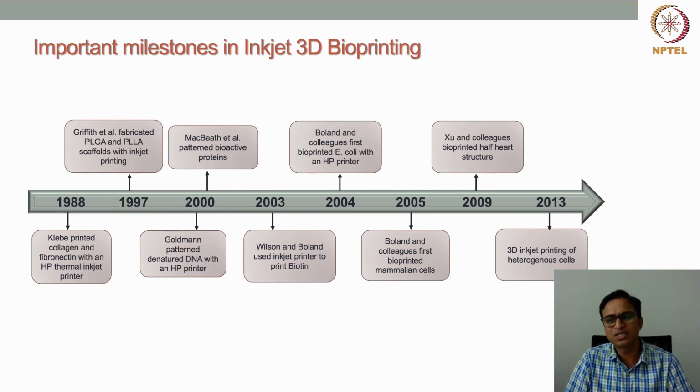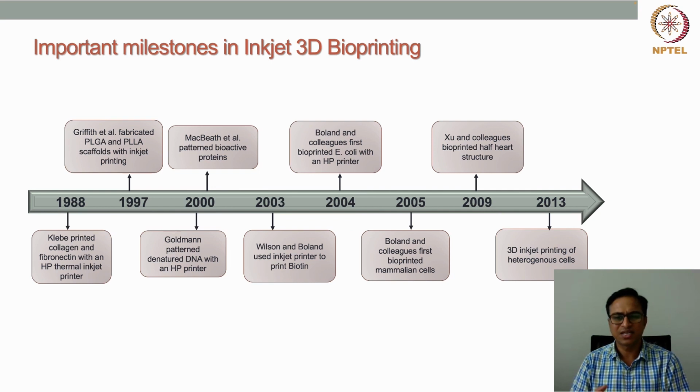Then in 2013, inkjet 3D printing technology was used for printing heterogeneous cells, where three different cell types were printed in a single construct. That was the first attempt where this research group showed the possibility of printing heterogeneous 3D structures containing multiple types of cells with inkjet 3D bioprinting technology. So these are the important milestones for this technology.